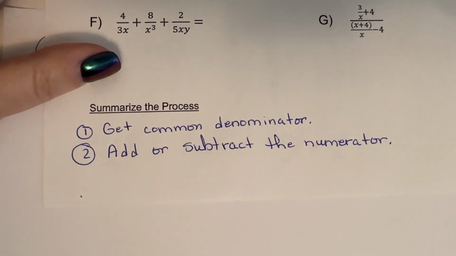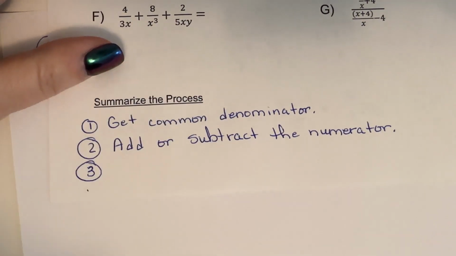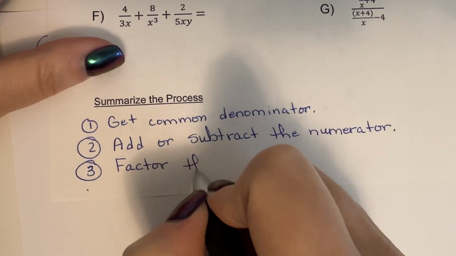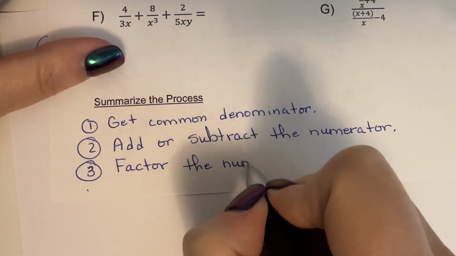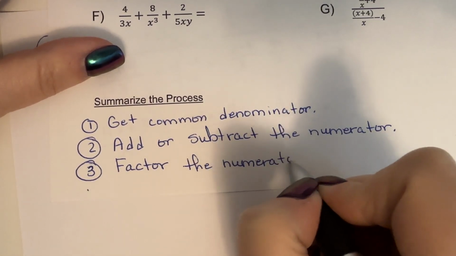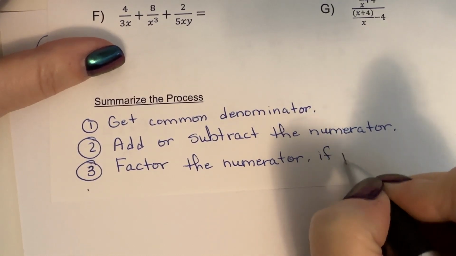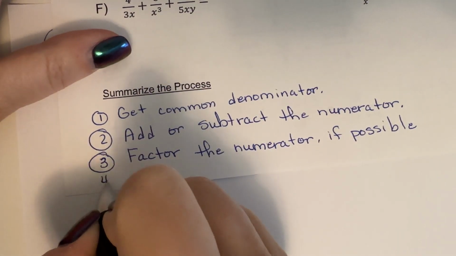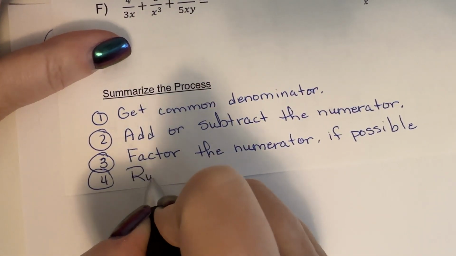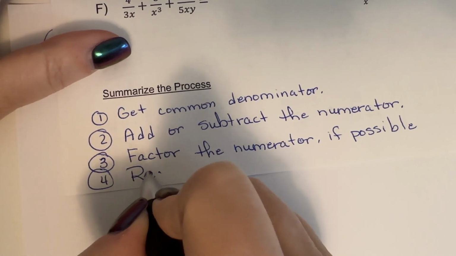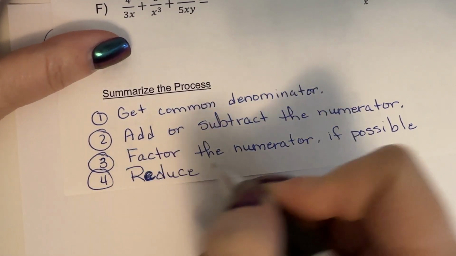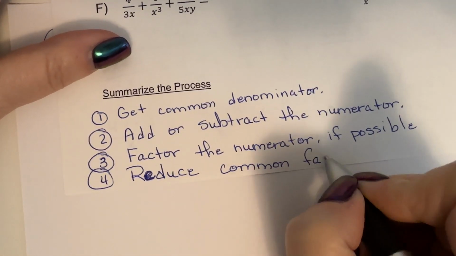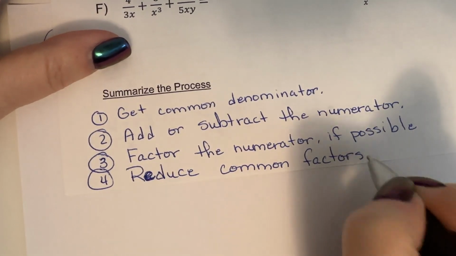Three, factor the numerator if possible. And then finally 4, reduce, not reduce, common factors. And that's kind of it.